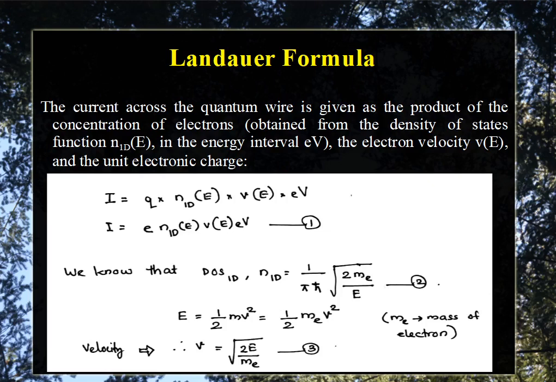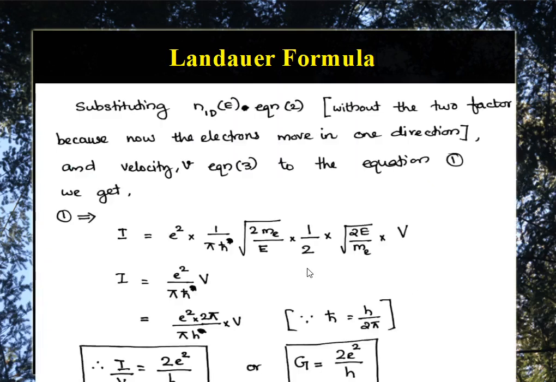But here in this quantum wire, for simplicity, Landauer assumed that the electron is moving in a straight path instead of spinning. So you need to cancel out that factor 2 while substituting. You have to be very careful about that. I will explain it here.